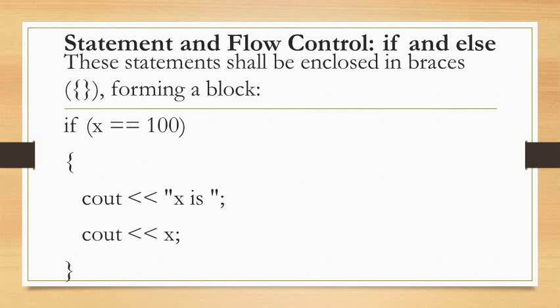Unlike the previous one, now you look at this. If x equal to 100, then you have the braces, that's the beginning. cout x is, cout x. It will print the value of x here. It will print x is 100, and this is the end of the if statement. You have if, then you have begin, then after the statement, then you have the end, just like in this case.